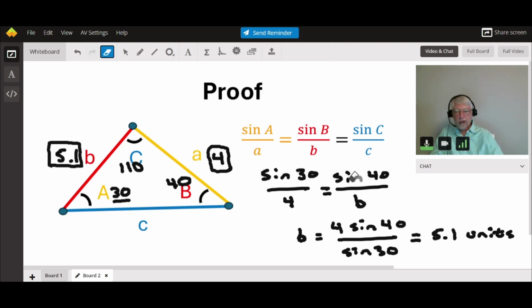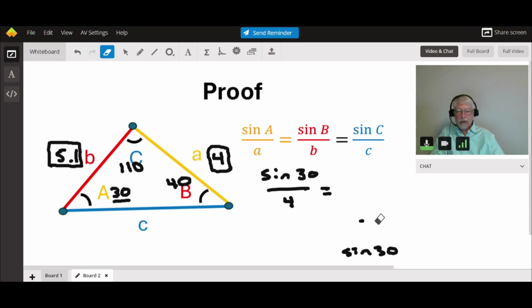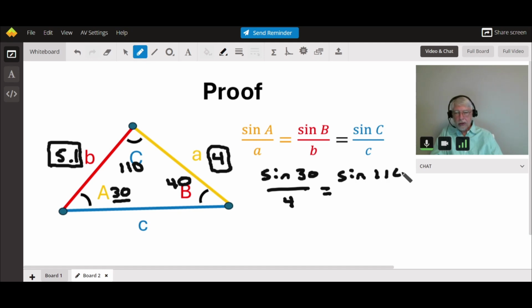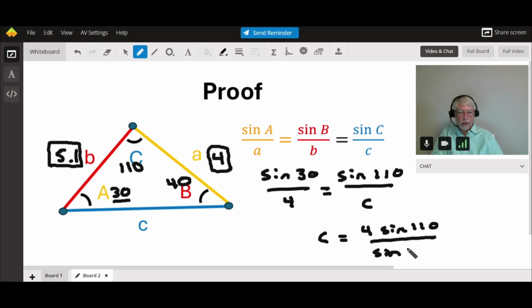I should be able to find c. So let's do that. It's just simple ratios. It's really nice. I know that C is 110 degrees, so sine of 110 over c, and then I'm just going to say c is equal to 4 times the sine of 110 degrees over the sine of 30 degrees.